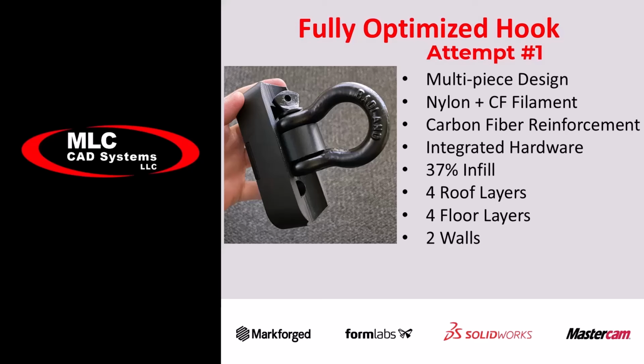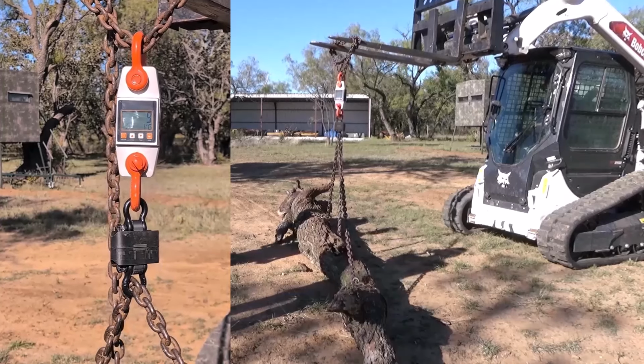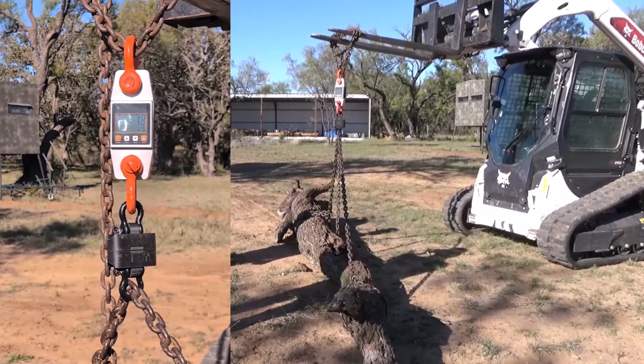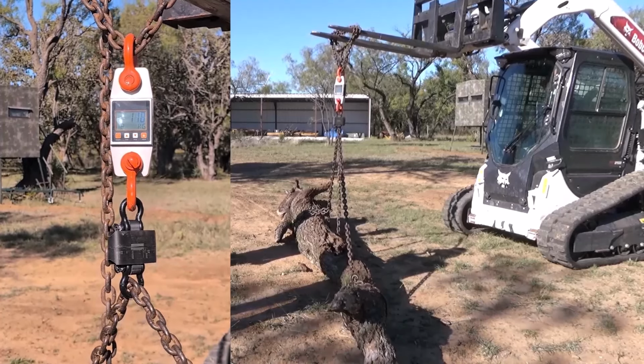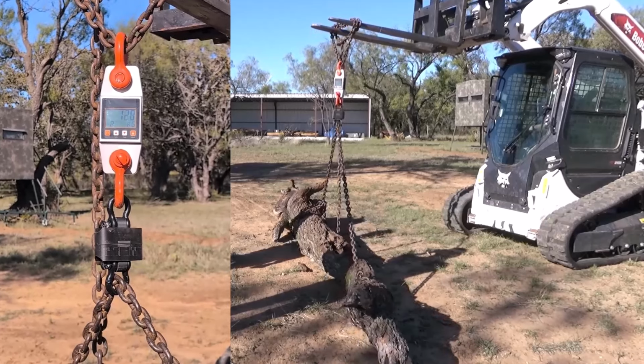It has integrated hardware with the shackle and a pin to distribute the forces, 37% infill, 4 roof layers, 4 floor layers, and 2 walls. All right, there we go. 20, 30, 50, 80, 100, 110. All right, we're past everything else so far.